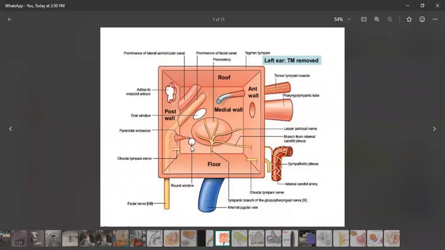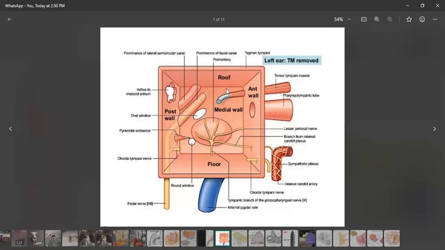Then the roof. The roof is formed by the petrous temporal bone. Remember I said that the middle ear is situated in the petrous bone.